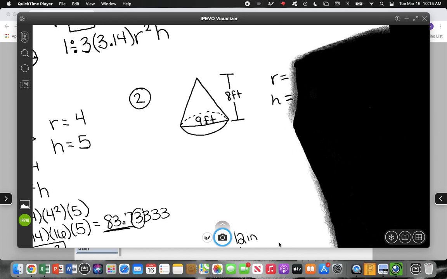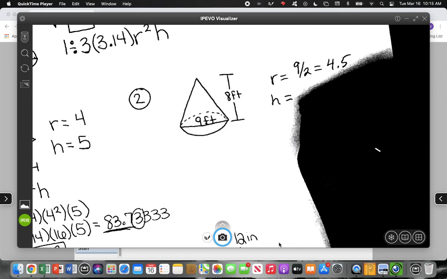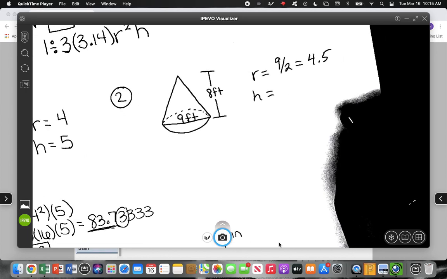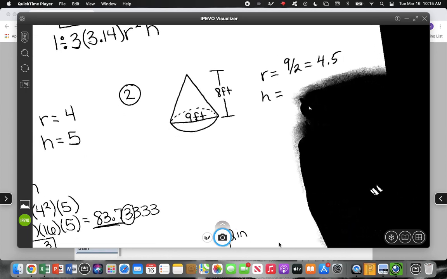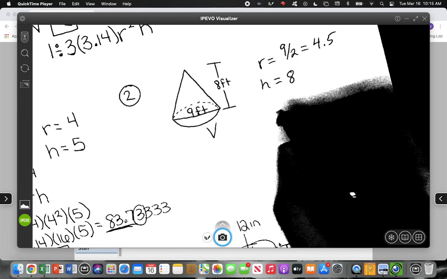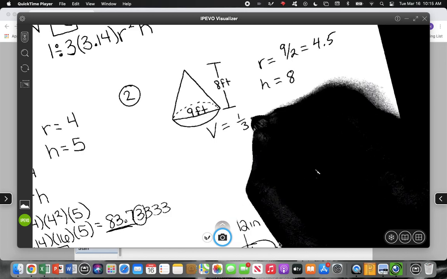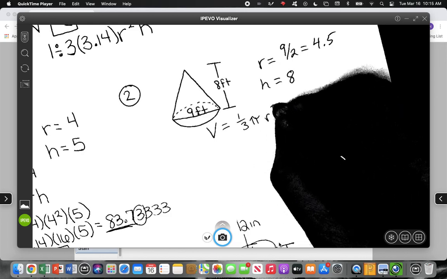So 9 divided by 2 is 4.5. Okay. And then what's the height? 8. All right, so our formula is volume equals 1/3 times pi r squared h.